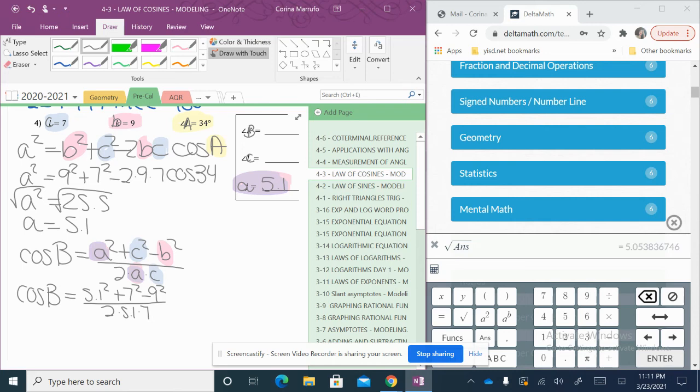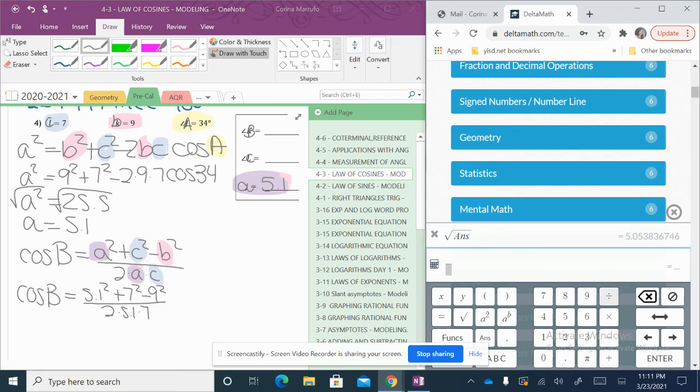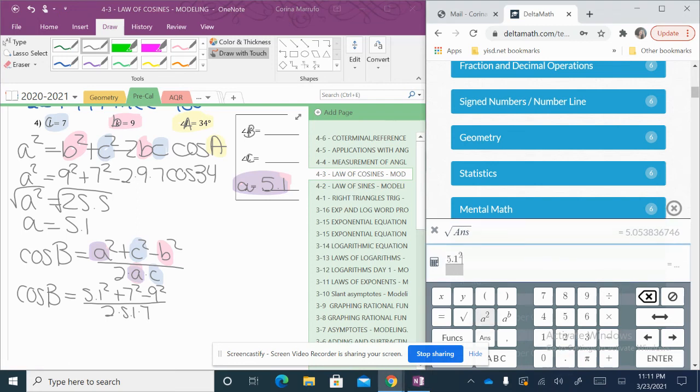Okay, so here, division, we have 5.1 squared plus 7 squared minus 9 squared over 2 times 5.1 times 7. Interesting.